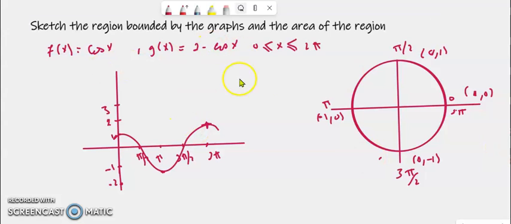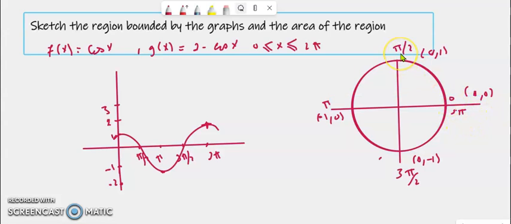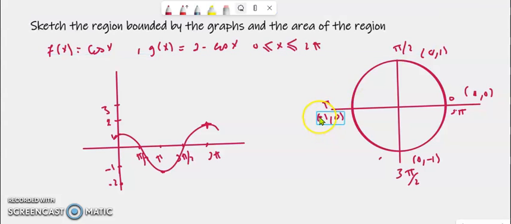Alright, before we do this problem, we have to go over the unit circle. The unit is 1, and it shows the angle values for the degree and the radian. It starts with 0, pi over 2, which is 90, pi, which is 180, 3 pi over 2, 270, and then 360, 2 pi, 2 times 180.